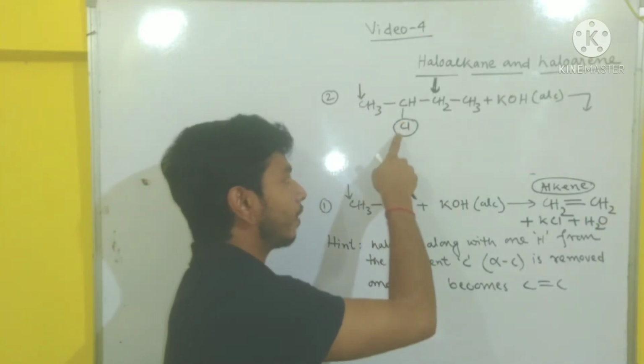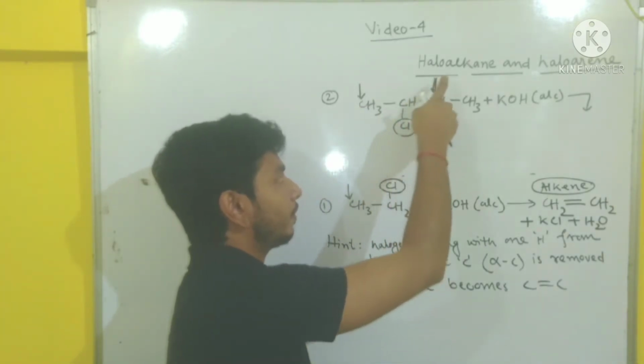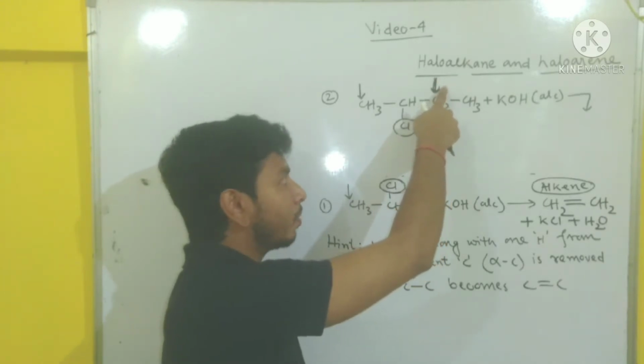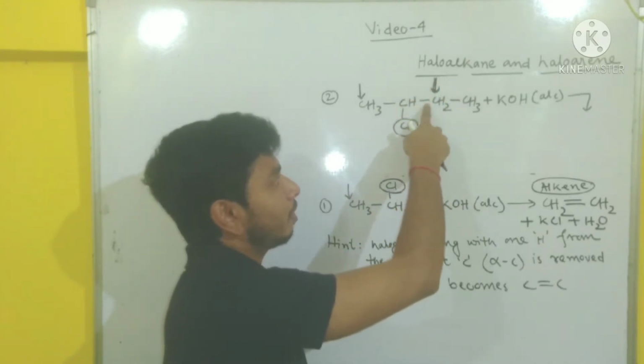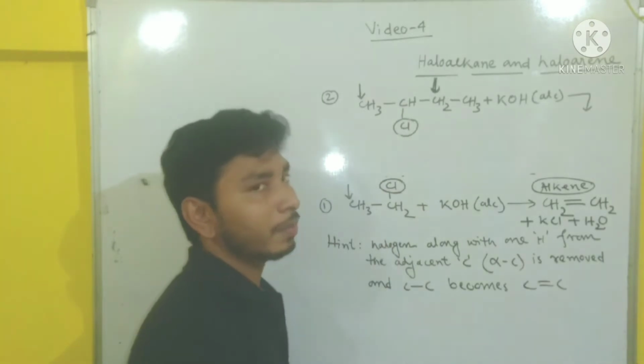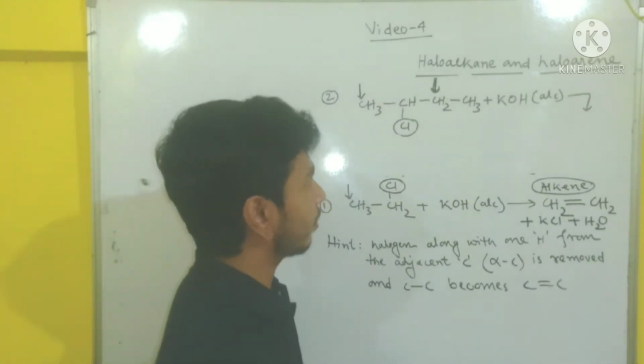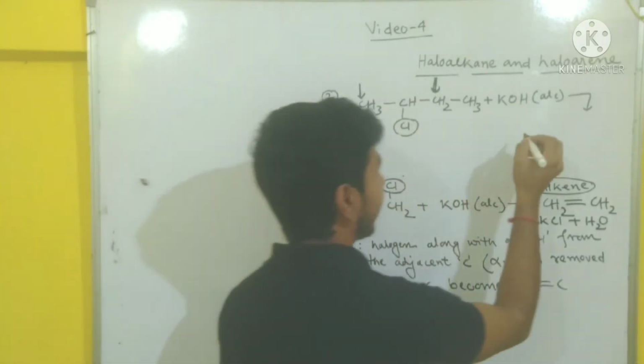Clear? So this halogen and one hydrogen from this carbon have to be removed, and the carbon-carbon single bond becomes a carbon-carbon double bond.